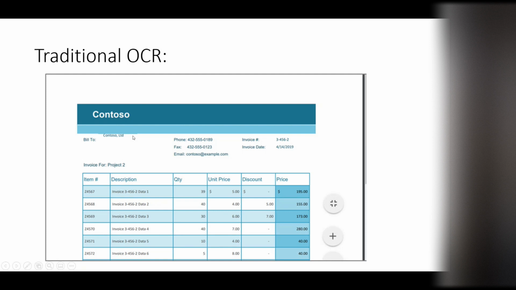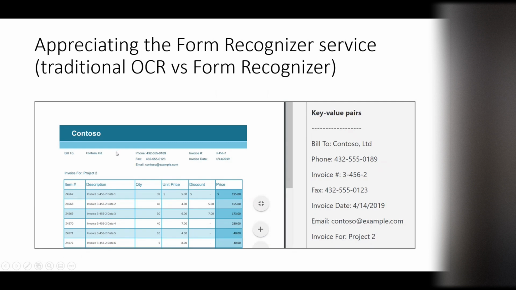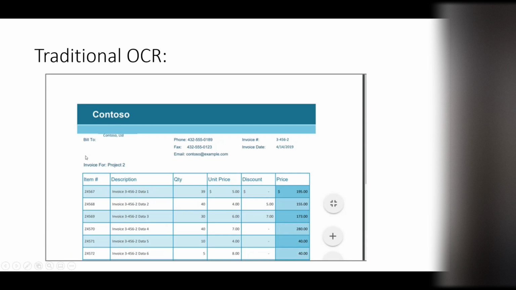On a typical traditional OCR service, if you submit this, this Contoso will appear first, then Bill To will appear next. Versus here, you would depend on Form Recognizer to recognize that this is the value for this key.